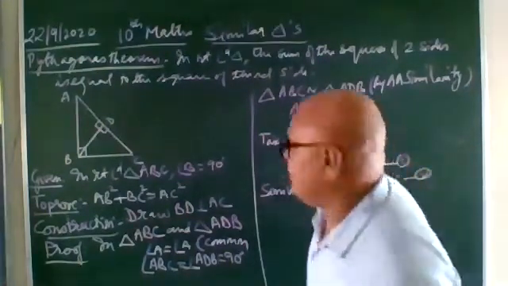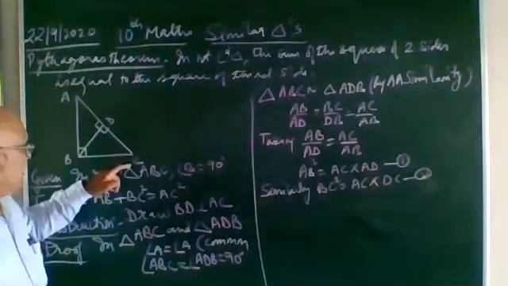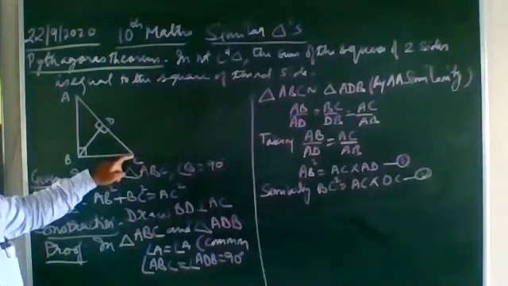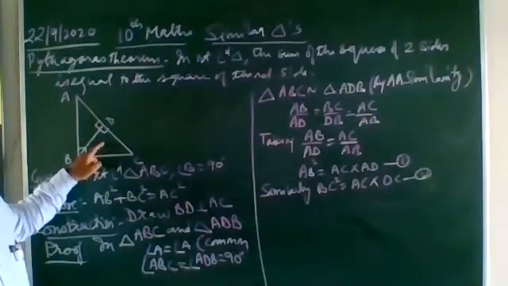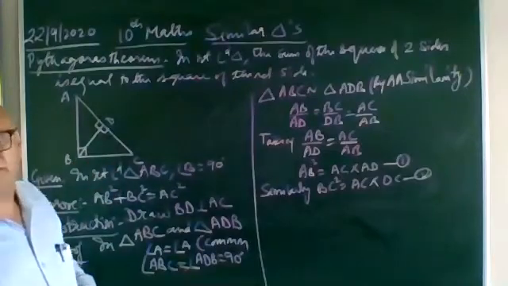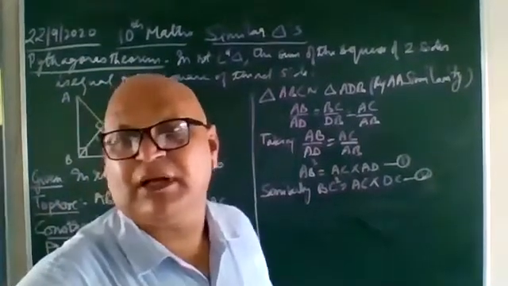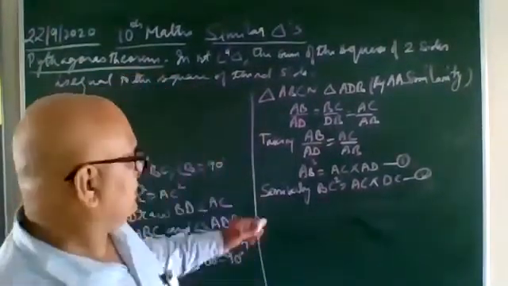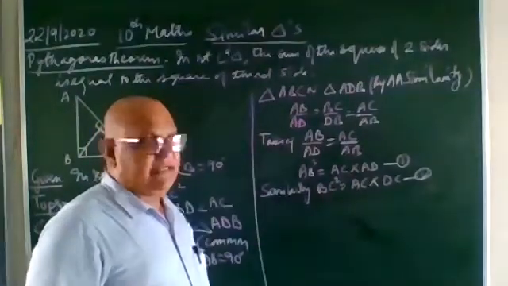This is triangle ABC and CDB. This is small triangle. There are no marks for this, so no need to write directly. You can write that is similarly BC square equal to AC into DC.